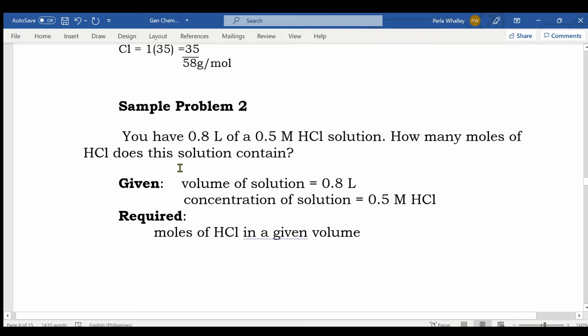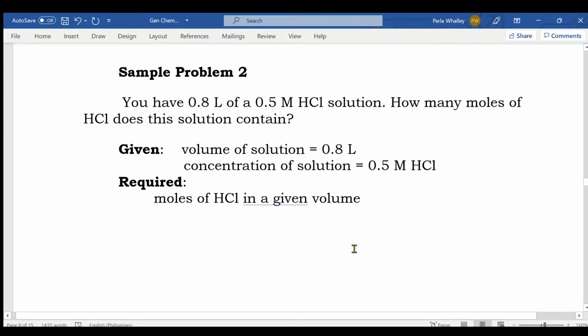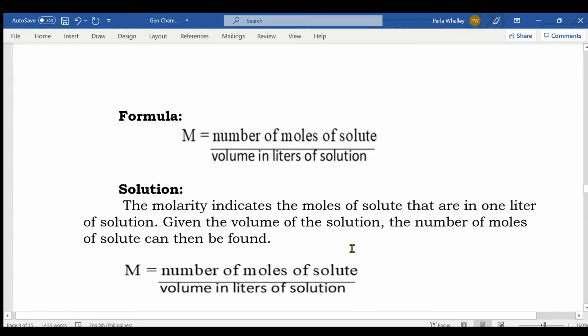So 0.8 liters is the volume of solution, 0.5 M HCl is the concentration of solution, required is moles of HCl. Formula, and then we go to the solution.